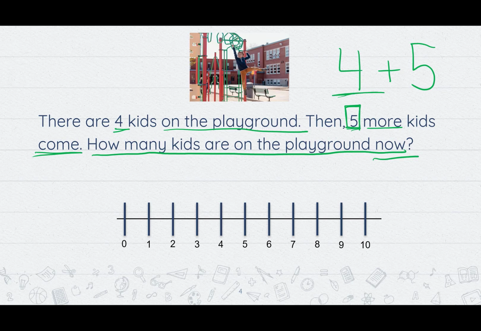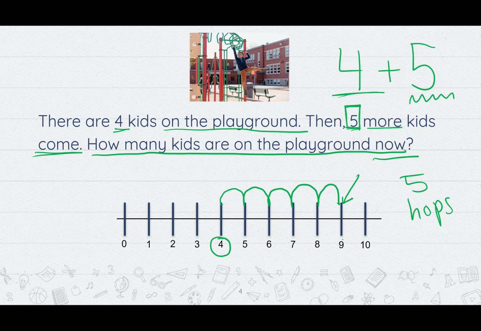Remember, this is where I start on my number line. And then this number tells me how many hops. So there's going to be 5 hops. So starting at 4, we're going to do 5 hops. 1, 2, 3, 4, 5. And then I'll look to see what line I ended on, and that should be my new number of how many kids are on the playground now.